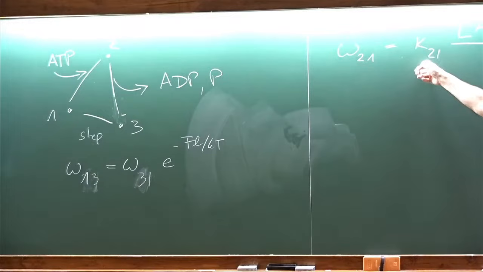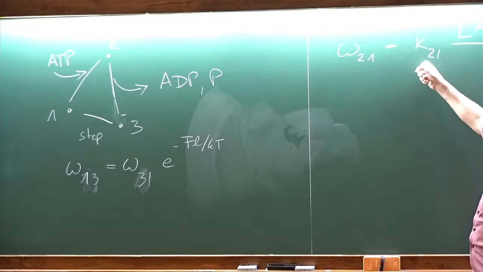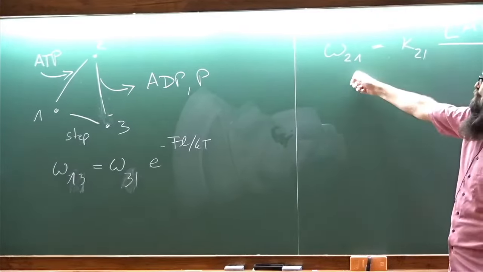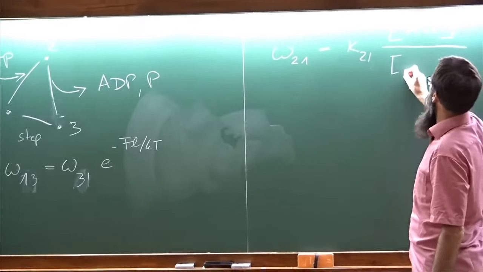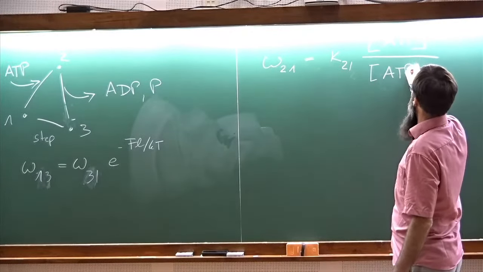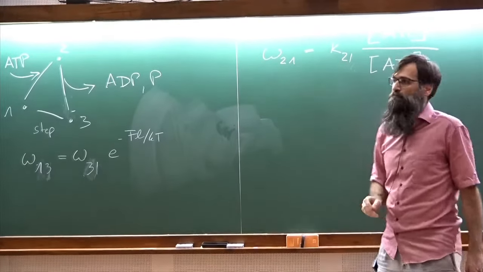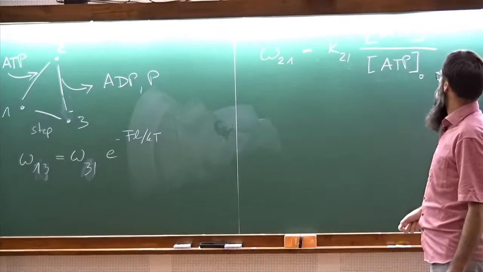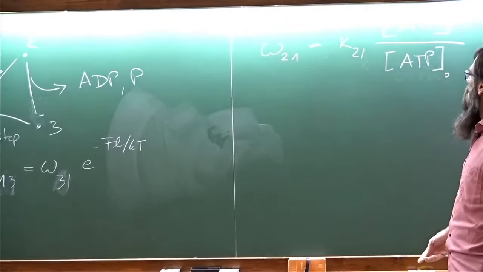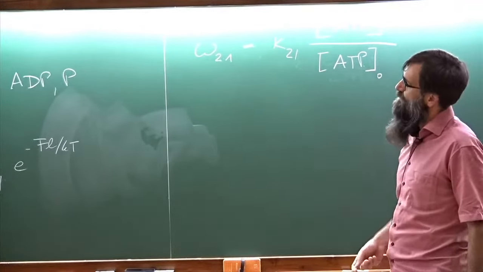To make my kappa again have the units of 1 over time, like this rate here, I divide my ATP concentration by some reference concentration, ATP 0. This is just the units in which I measure ATP concentration.